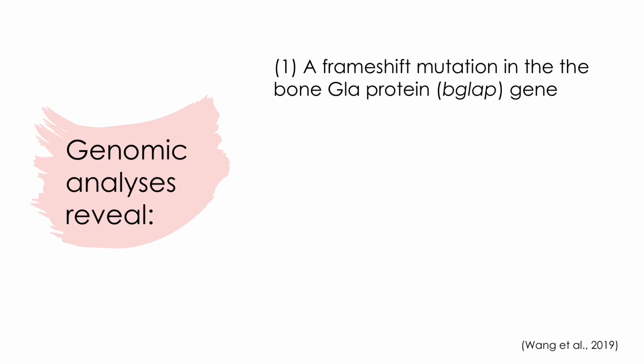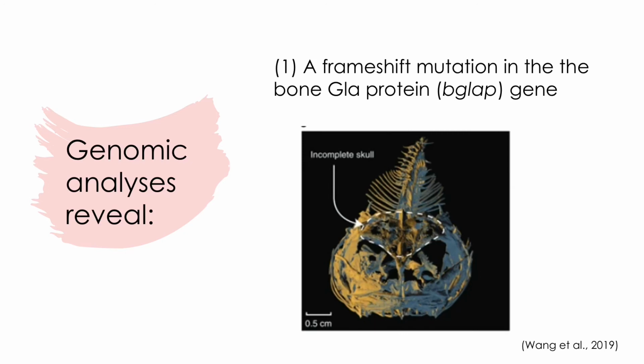So what they found here is that the skull of the Mariana snailfish is not completely closed, allowing for internal and external pressure equalization. Most of their bones also consist of cartilage instead of being ossified. So the premature termination of the bone protein in the Mariana snailfish may be associated with the species' unusual skull structure and reduced bone hardness.